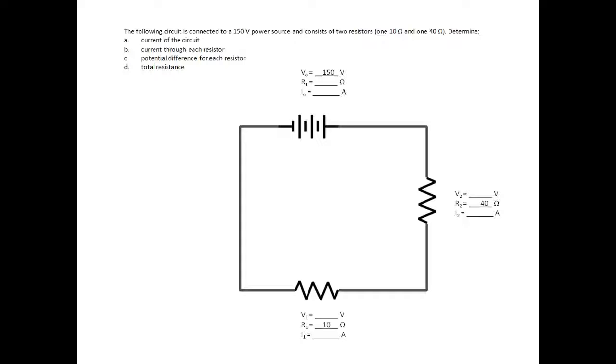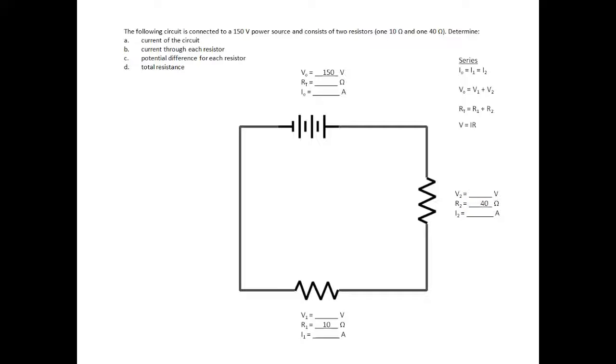So here we've labeled the overall values: our overall resistance, the potential difference at the power source, and the current that comes out of our power source. Then for our first resistor, which has a resistance of 10 ohms, its potential difference and its current, and finally our second resistor with its resistance. We'll then determine these values.